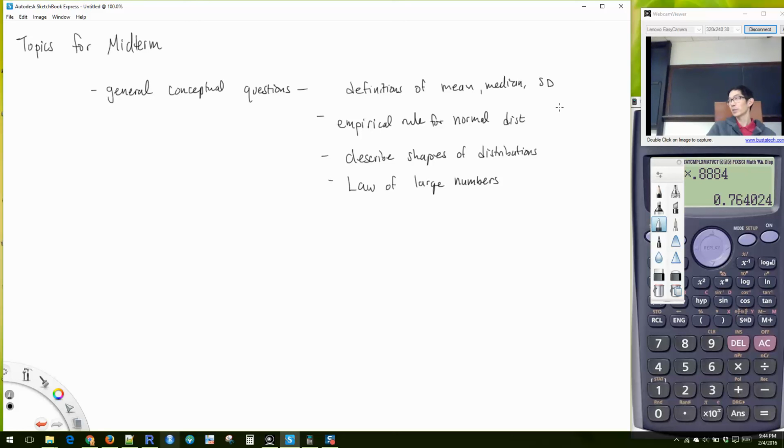Okay. What about the standard deviation? Spread? Yeah, well, standard deviation and IQR both tell us spread, but standard deviation is kind of like the average or typical distance from the mean. It's technically the square root of the variance, which is the average squared distance from the mean. Standard deviation is the square root of that. IQR would be the distance from the third quartile to the first quartile.